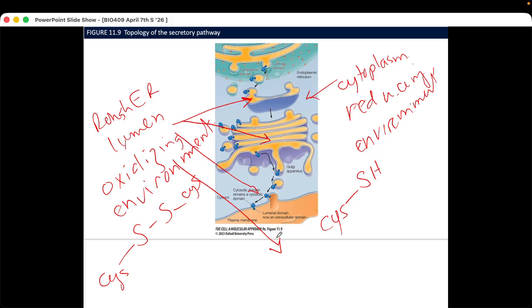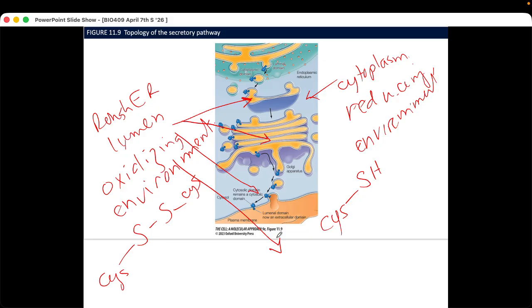And the modification is, do you have disulfide linkages, or do you just have sulfhydryl groups? It's a huge difference in the story of protein structure in the cytoplasm, generally inside the cell, versus outside the cell.